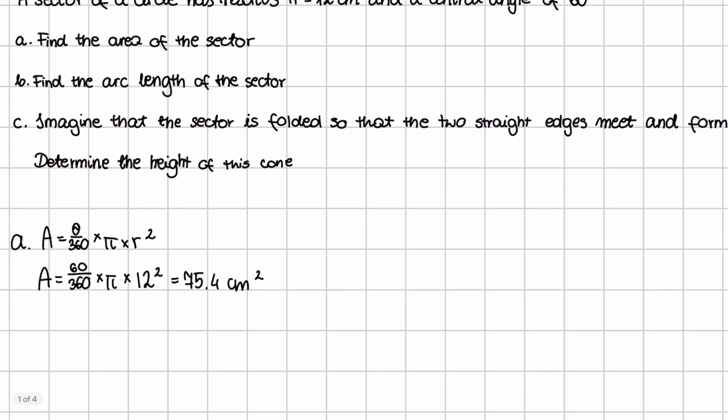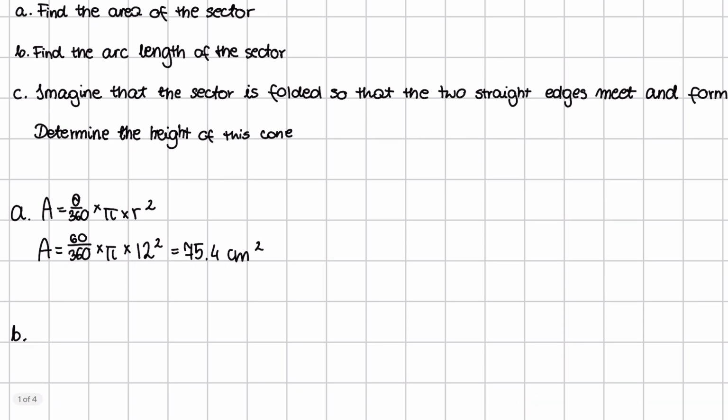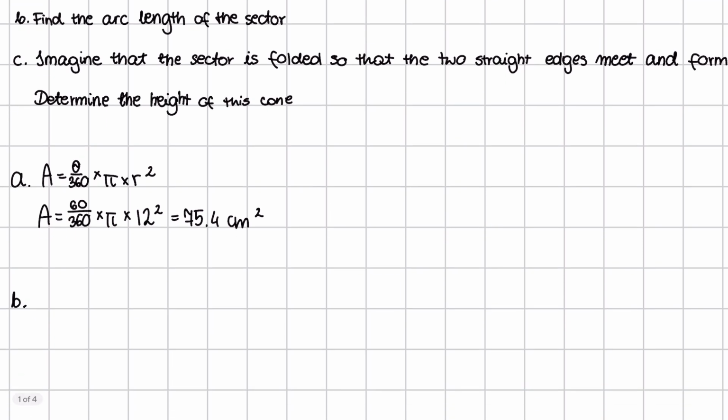exam. And B, find the arc length of the sector. So here also we use our booklet and the formula for arc, so for the length of an arc. So L equals theta over 360 times 2 pi times r.